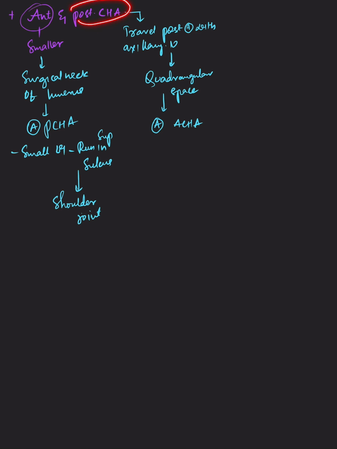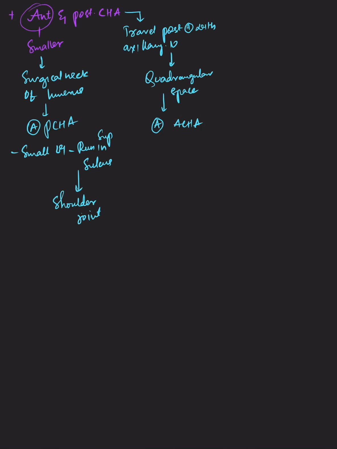Later, the posterior circumflex humeral artery travels posteriorly, as the name suggests, along with the axillary nerve. Very important to remember, the posterior circumflex artery accompanies the axillary nerve and enters the quadrangular space, and later comes anteriorly and anastomoses with the anterior circumflex humeral artery.